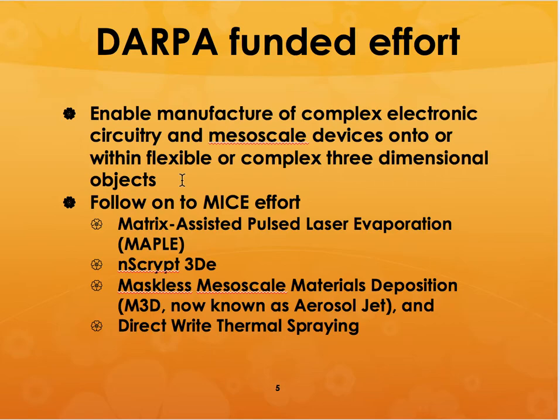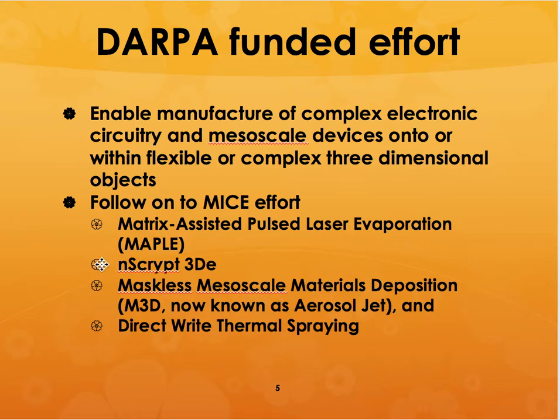And there were a number of efforts after MICE. They called it matrix assisted pulsed laser evaporation. They called it MAPLE. Then there was a company, there is still a company called Enscript. They had a 3DE type of effort. They called it 3DE for direct write.